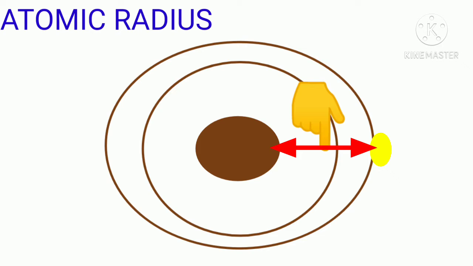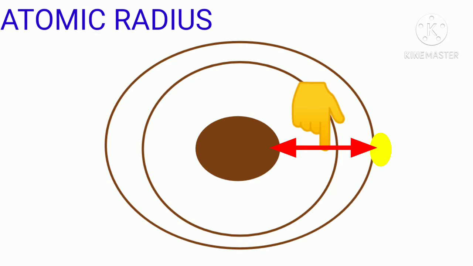Atomic radius increases group wise and decreases period wise. As the atomic number increases, the atomic radius also increases. Why does atomic radius increase with atomic number? As the atomic number increases, the number of shells increases.